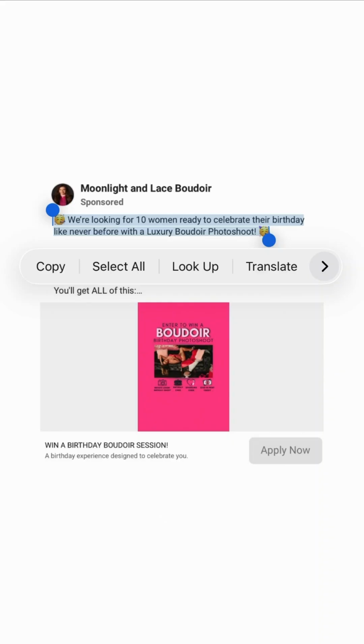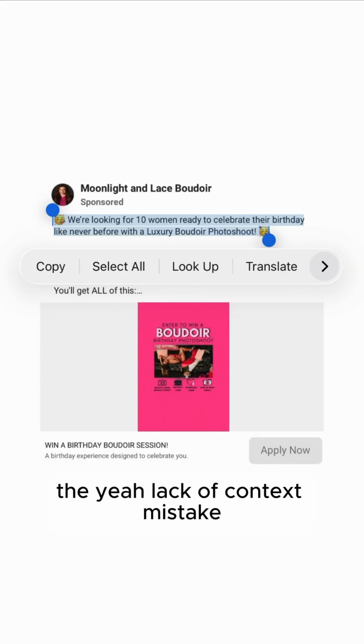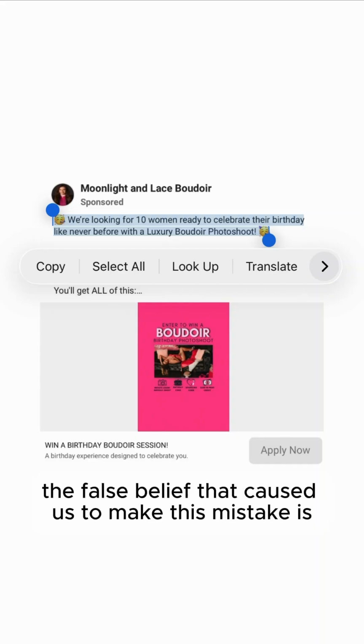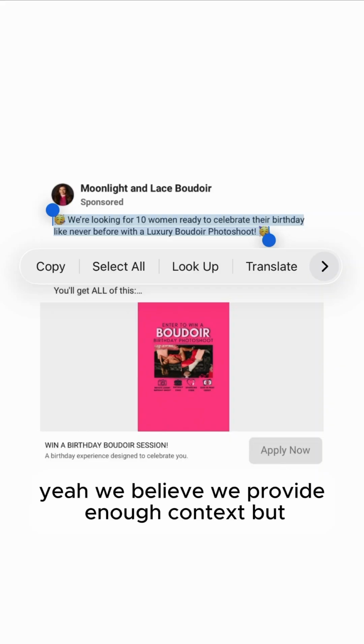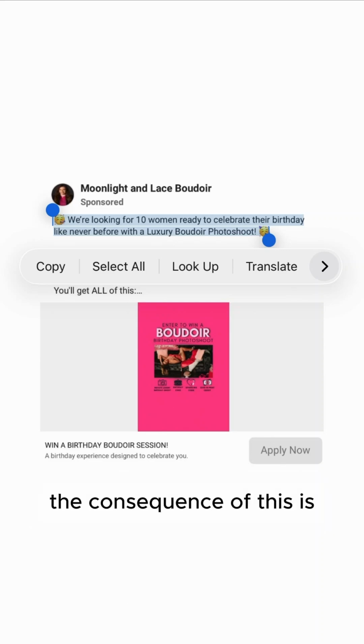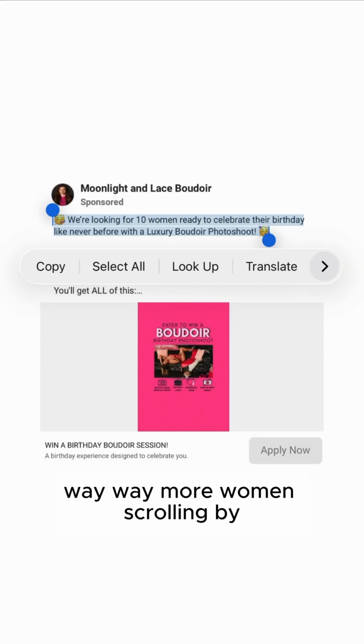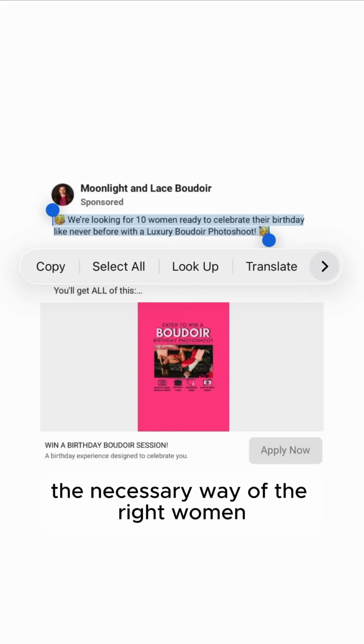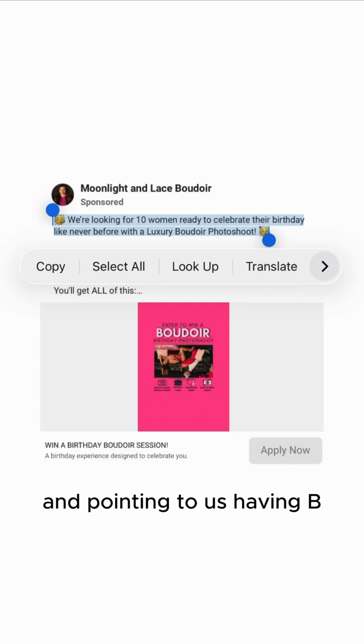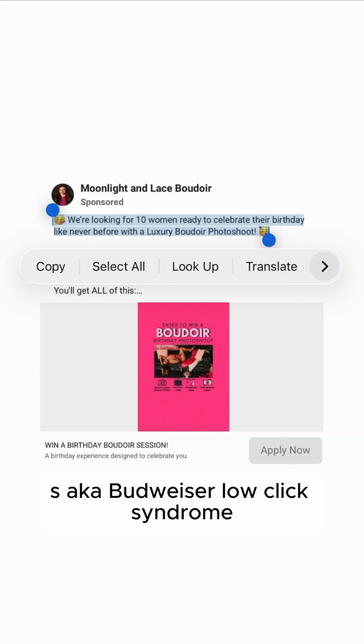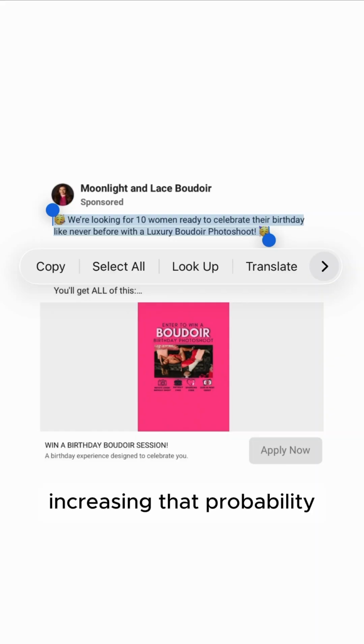So this is the lack of context mistake. The false belief that caused us to make this mistake is we believe we provide enough context, but the consequence of this is we actually have way more women scrolling by than necessary, way more of the right women, pulling our unique CTR all down and pointing to us having BLCS, aka Boudoir low click syndrome, increasing that probability.